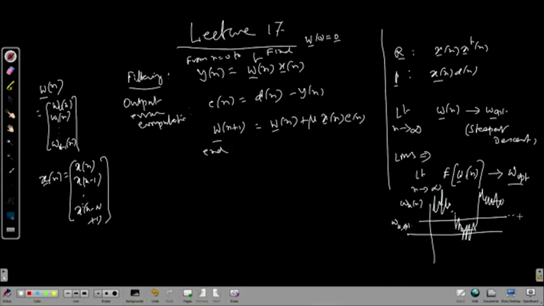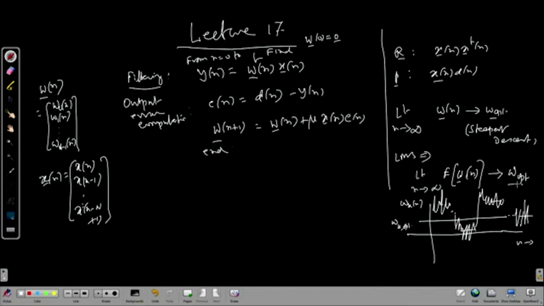But as it goes to very large index n, as n tends to infinity, it will be fluctuating around the optimal one. So, the mean of the fluctuation will be W k opt. Then we try to minimize the range of fluctuation. So, it fluctuates in a small range around that optimal one, which will serve our purpose. That is controlled by mu actually, but that we will see later.